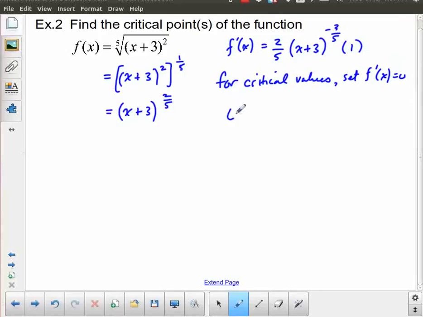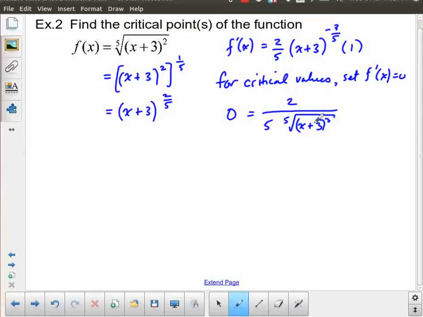So we end up with 0 equals, I'm actually going to return this to the form it was in before, in the sense that I've got 2 in the numerator, 5, and then this thing, which is in the denominator, is the fifth root of x plus 3, but because of the derivative we took, it has changed, and this is now cubed.